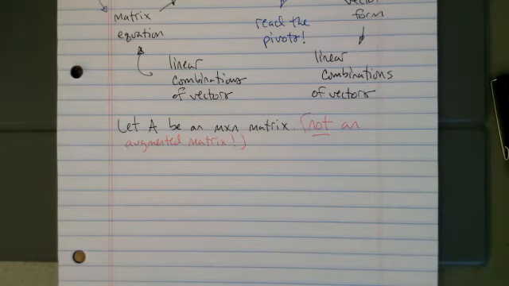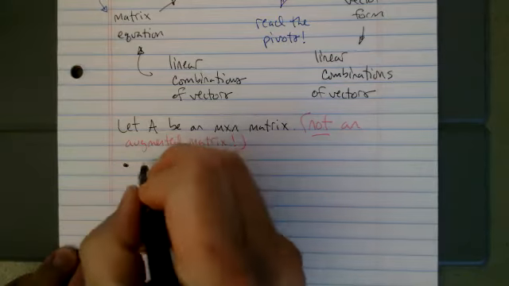So let's let A be an m by n matrix. We want to read where A has pivots. One of the things that we saw yesterday is that if A has a pivot in every row, this is the coefficient matrix, then the equation AX equals B will be consistent for all choices of B in Rm.